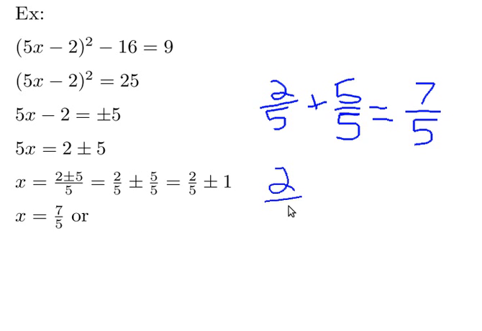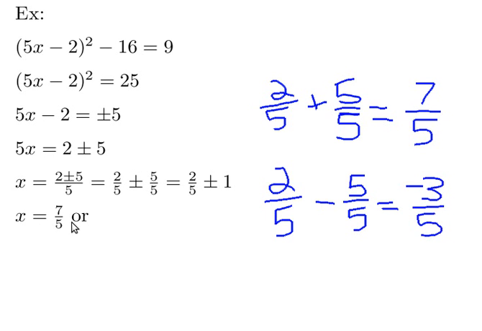to 2 fifths plus 1, or 2 fifths minus 1, so you have 2 over 5 minus 5 fifths. I'm still hoping that one day my mouse writing will get better. Equals, okay, so we have like denominators now, so we can go ahead and subtract them. 2 minus 5 will give you negative 3 fifths.